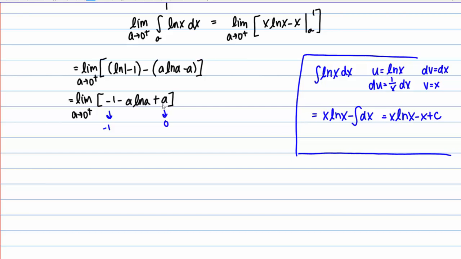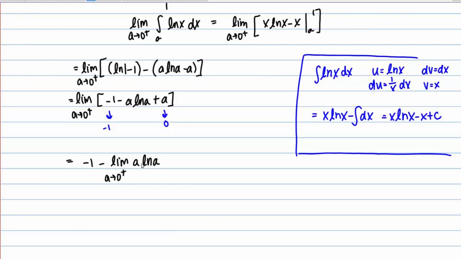So if I rewrite the limit taking those values into account, I get negative 1 minus the limit as a goes to 0 from the right of a times the natural log of a. And that's the one term we haven't figured out yet.